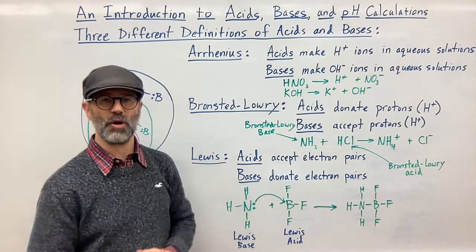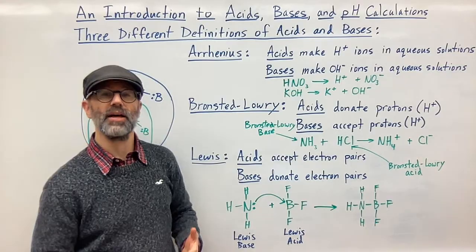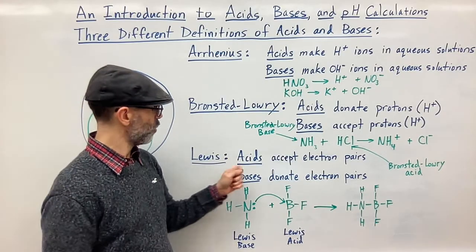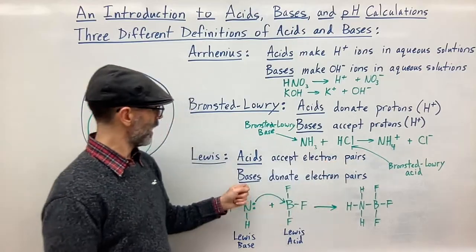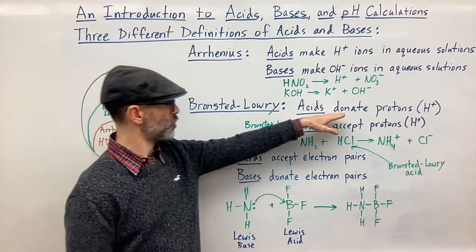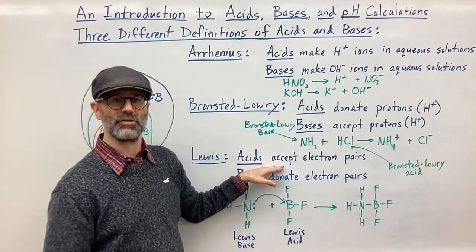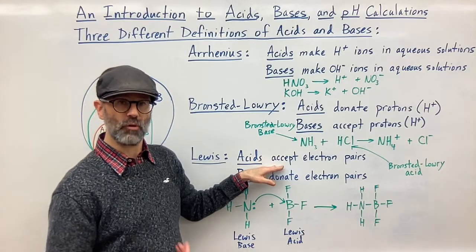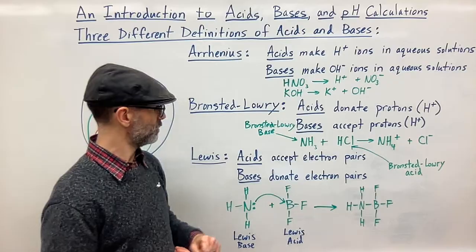So here we're not focused on protons or H plus. We're focused on electron pairs. So an acid accepts electron pairs, and bases donate electron pairs. So here we're talking about donating protons for acids. Here we're talking about accepting electron pairs for acids. And bases are donating electron pairs.